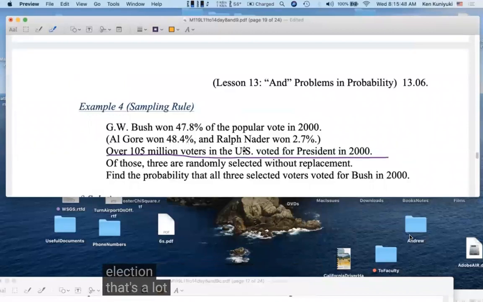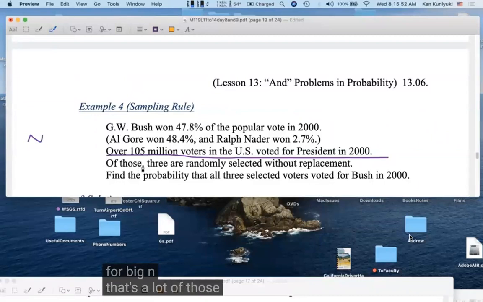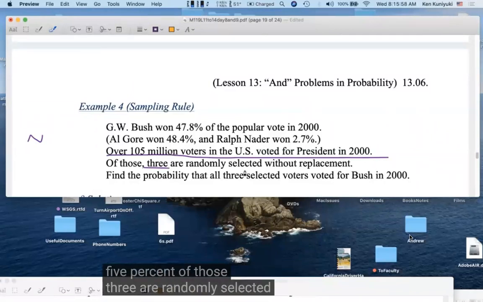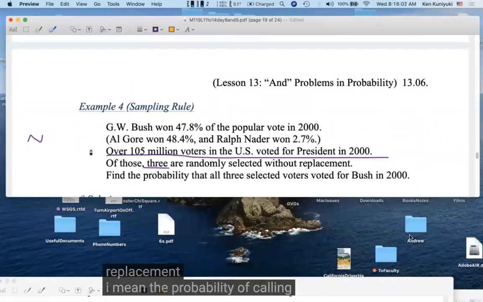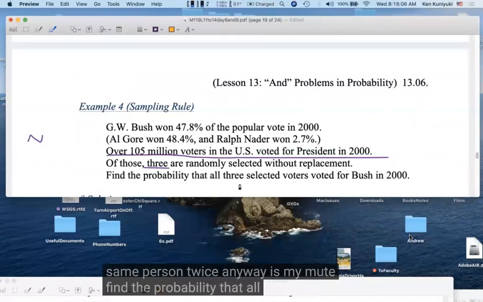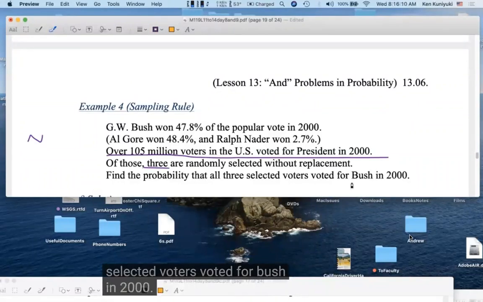That's pretty big for big N. Of those, 3, which is way less than 5%, are randomly selected without replacement. The probability of calling the same person twice is minute. Find the probability that all 3 selected voters voted for Bush in 2000.